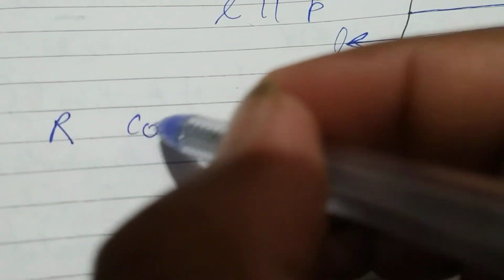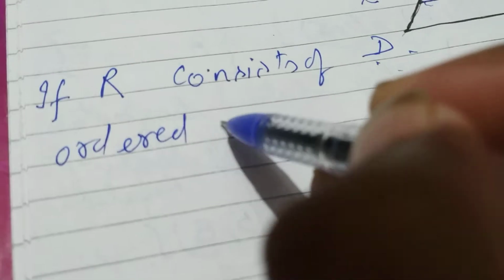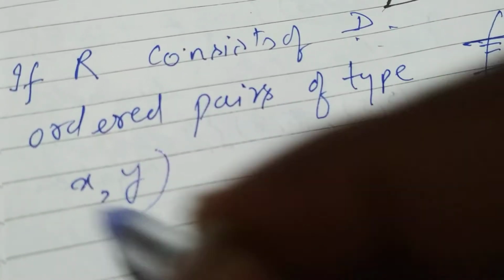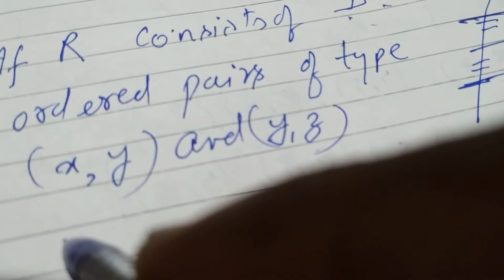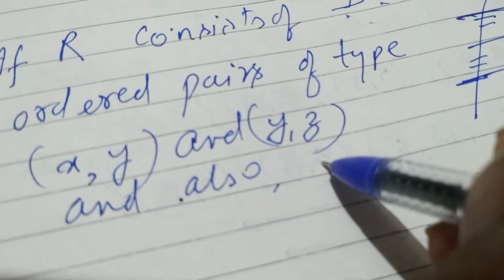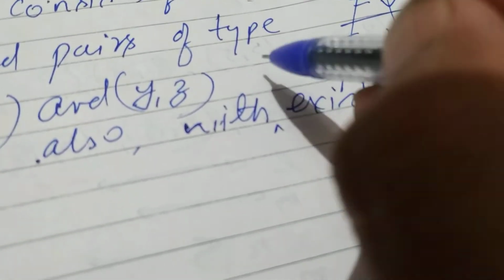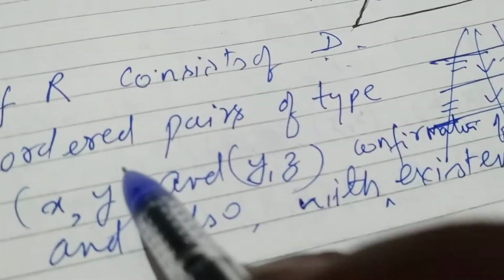Suppose a relation R consists of ordered pairs of type (X, Y) and (Y, Z), and also with confirmation of the existence of (X, Z).